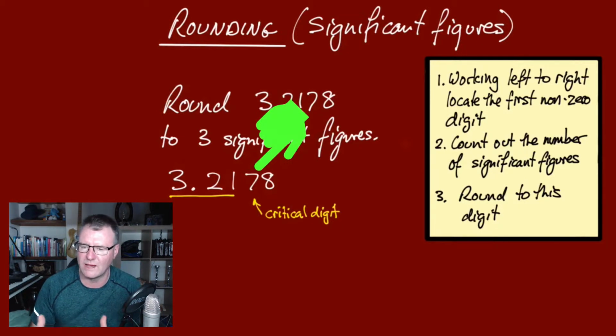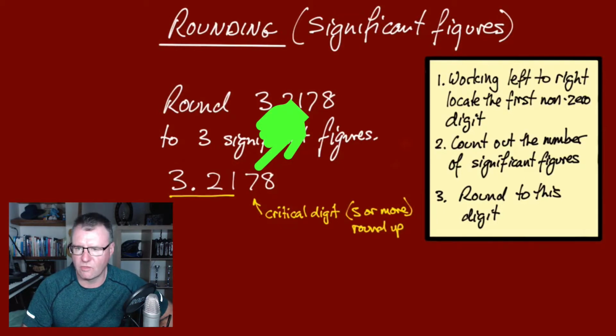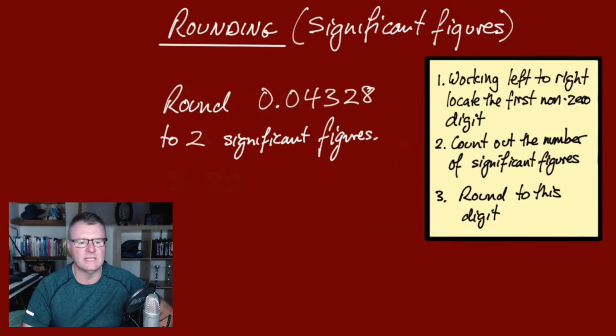Just like we would round decimal places, I have to decide whether I round it up or leave it as is. If the critical digit, which is the one after where we're chopping it, is 5 or more, we round up. Otherwise, we leave it as it is. In this case, I'm going to round this up to 3.22.